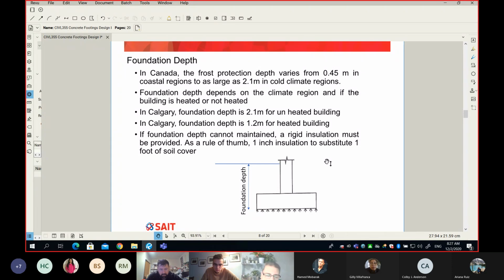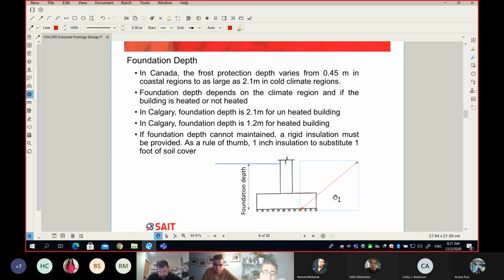So in other parts of the world where the weather doesn't get very cold, the level of the footing, which is this level here, is completely dictated by what? By the soil bearing capacity. Where can we get a good soil? We can dig down a meter, or maybe 30 centimeters, or maybe 1 millimeter.